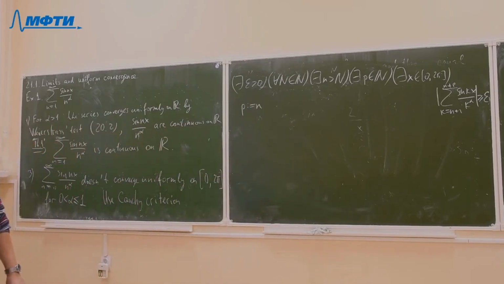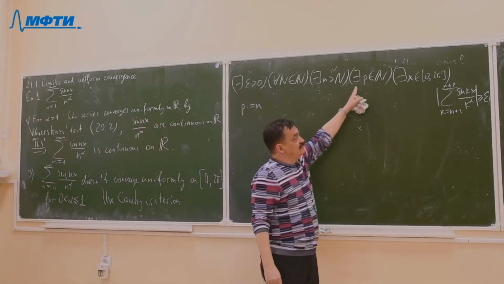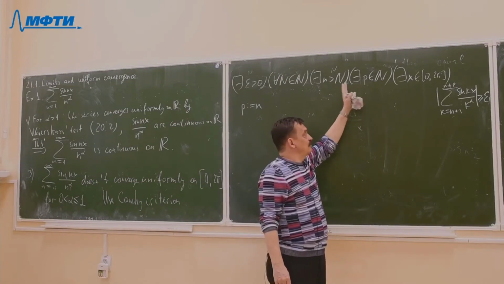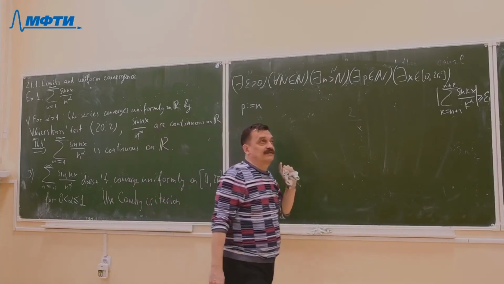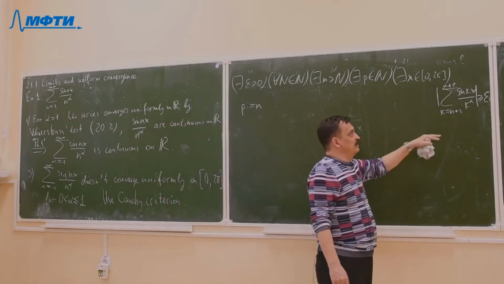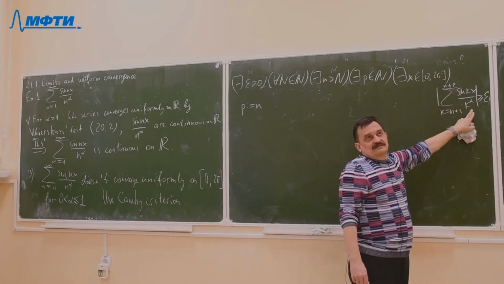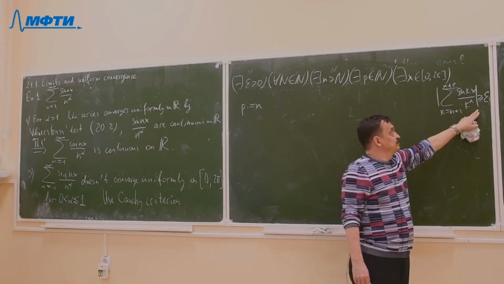Of course, I cannot explain why it works, fortunately, in many cases. Look, the term test doesn't work to prove the absence of uniform convergence.